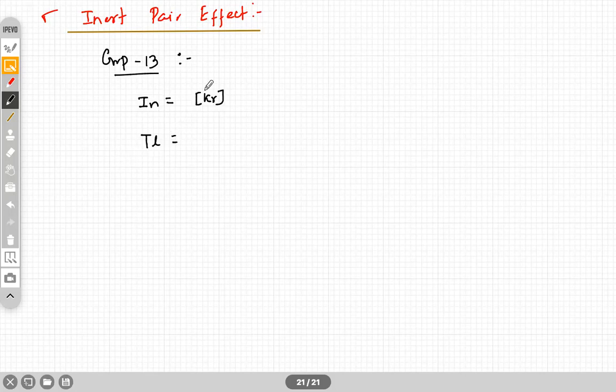Done? Okay, the electronic configuration of indium is krypton 4d10 5s2 5p1.